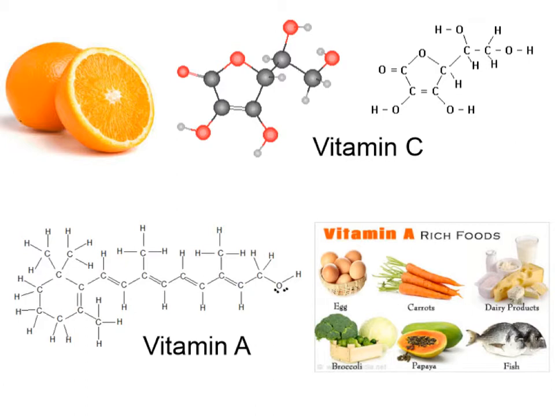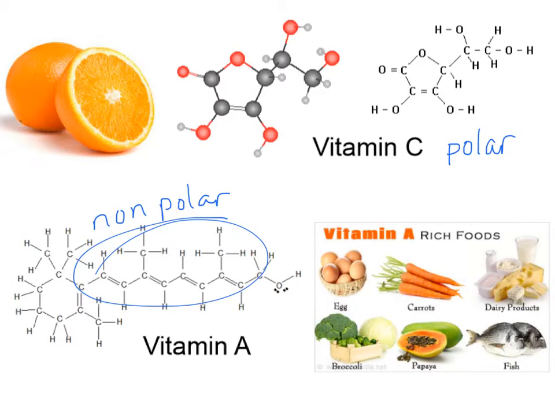This is a molecule for vitamin C. It is water soluble because it is polar. It has regions in it that are very polar here. Vitamin A, on the other hand, is nonpolar. It has this very long hydrocarbon chain right here that makes it nonpolar.